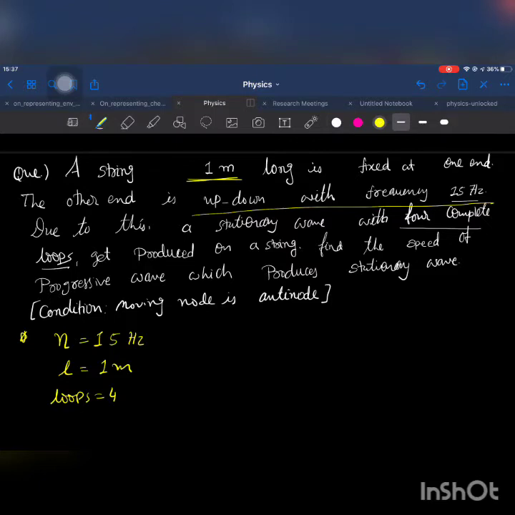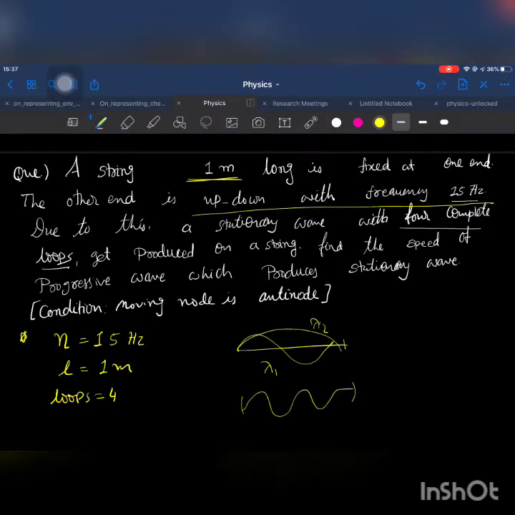Do you remember that the first loop is lambda by 2, then the second loop is lambda, and it just keeps going on like that, and then we calculate the difference. If you remember, it's actually very simple.